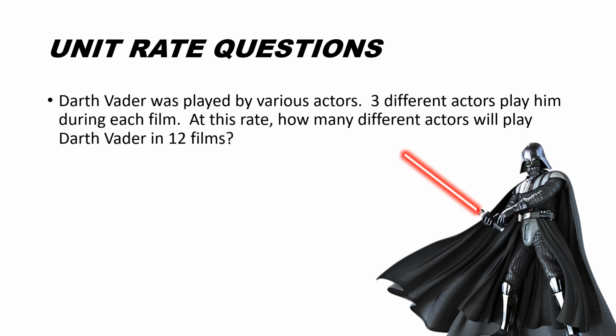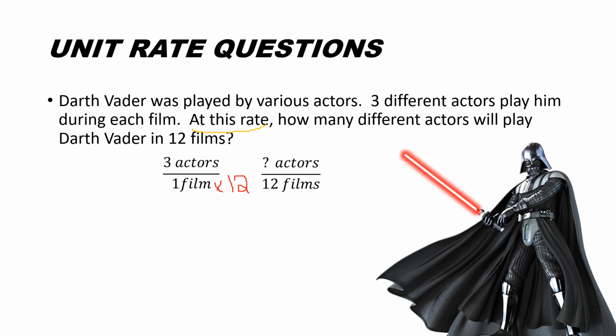So it's important that you see here it says at this rate. That means we could use the unit rate of, for every film, there have been 3 different actors, or 3 actors per every 1 film. That would be our unit rate. We could use that to then figure out how many actors there have been in 12 films. So to solve this, you would see that to get from 1 to 12, you're really just multiplying 1 times 12.